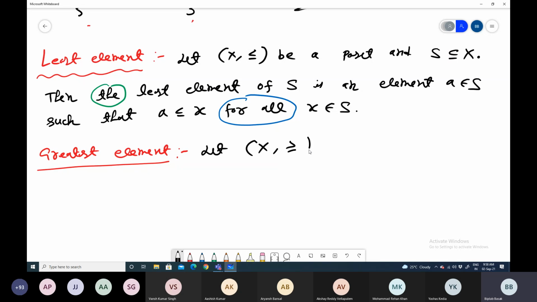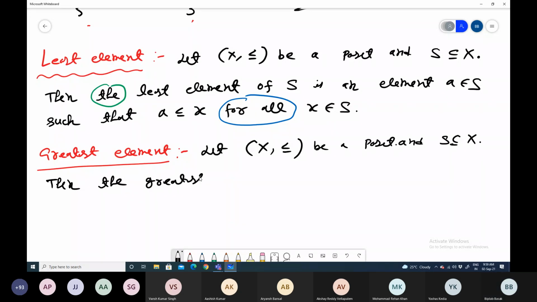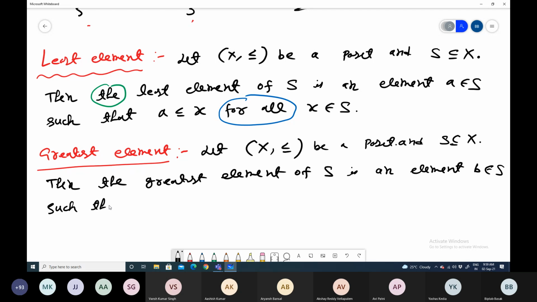Let X with this relation be a poset and S a subset of X. Then the greatest element of S is an element, say B belongs to S, such that X is less than or equal to B for all X belongs to S.